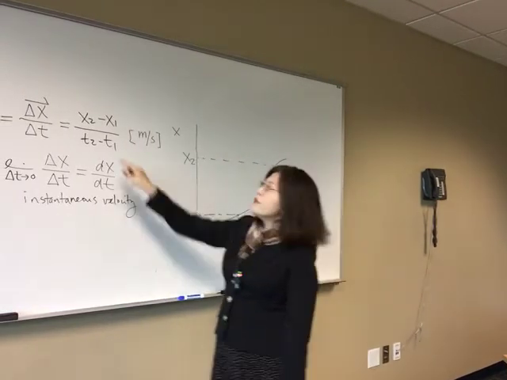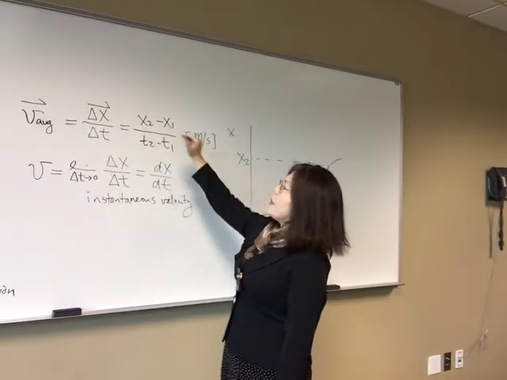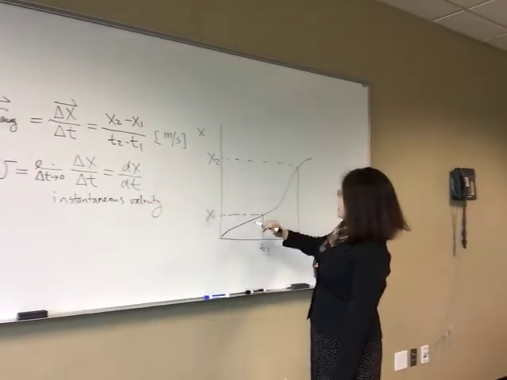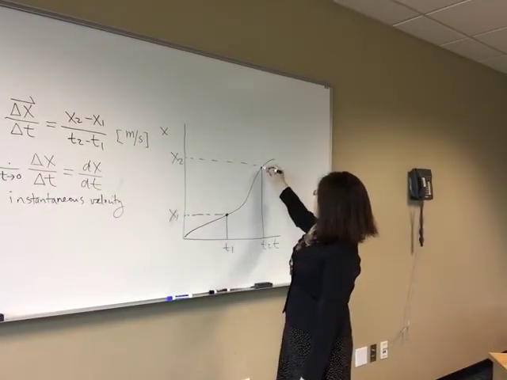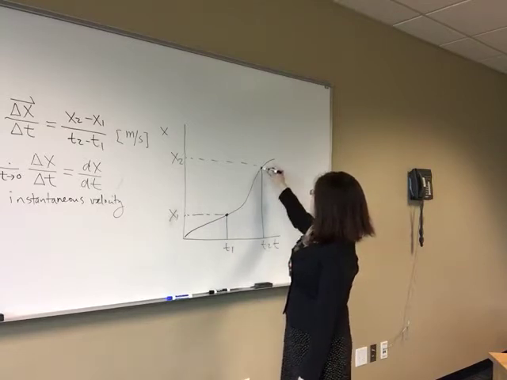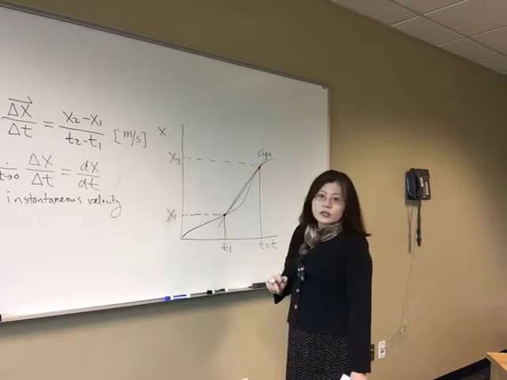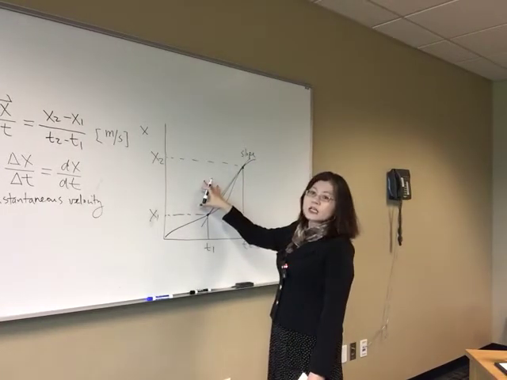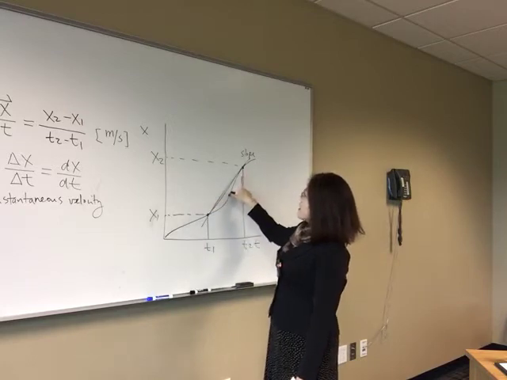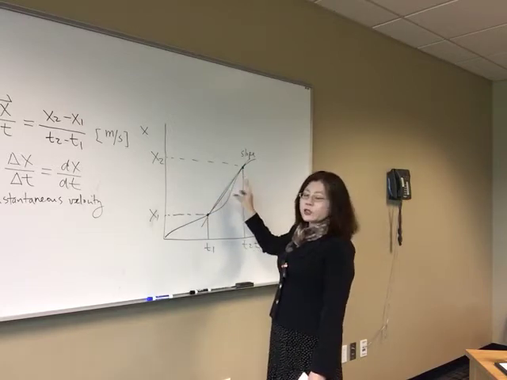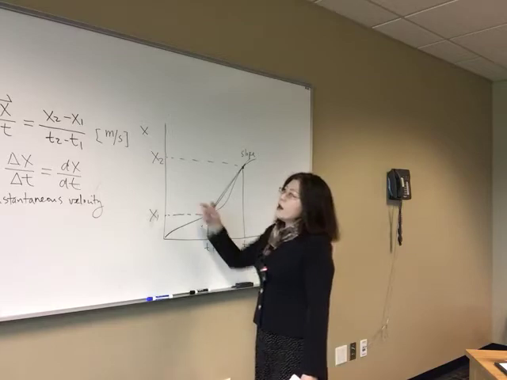So just by looking at this, the average velocity basically is the slope from this point to that point. So you can see that you connect those 2 points and find out what the slope is, right? Because that's the definition of slope on this xt diagram. You have the difference between the two positions and the difference between the times, and you take the ratio.